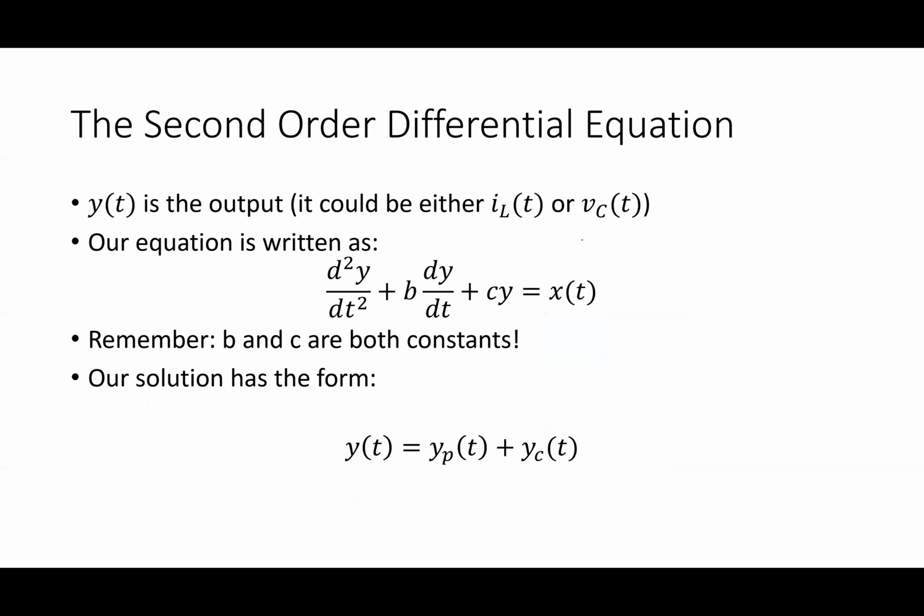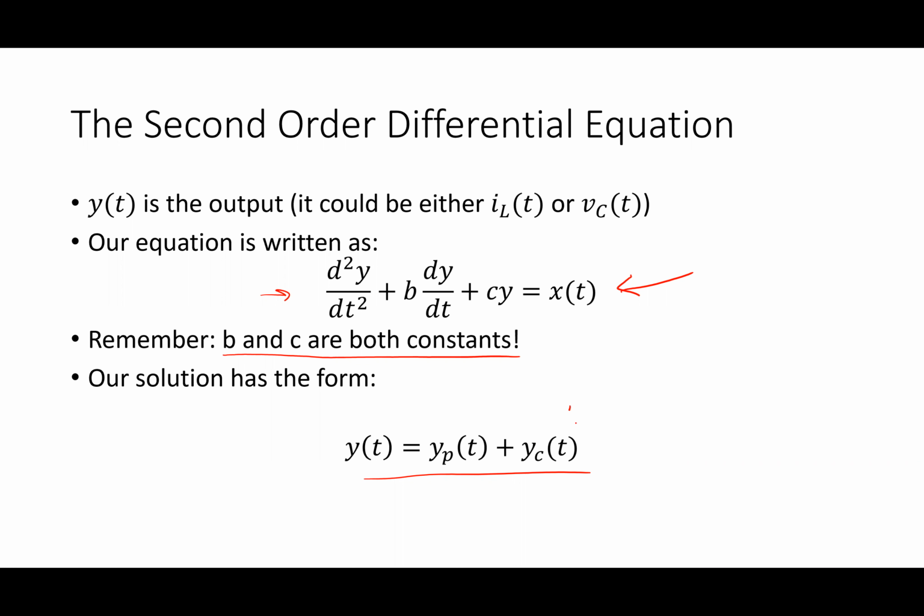If I have a second order differential equation, again, I'm not focused on the KVLs and the KCLs in this class. You're going to be given differential equations. The differential equation is going to look like this. If it's second order, it always has some form like this, where these coefficients are always going to be constant. And our solution still looks like this, particular plus a homogeneous.